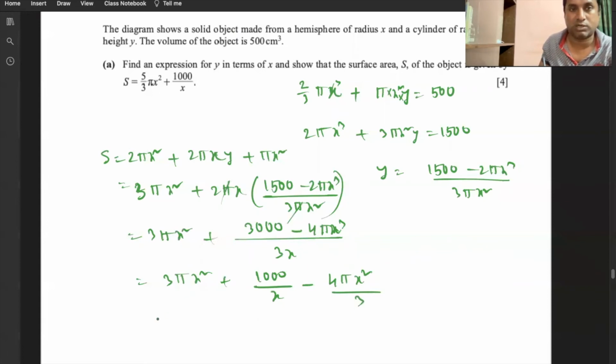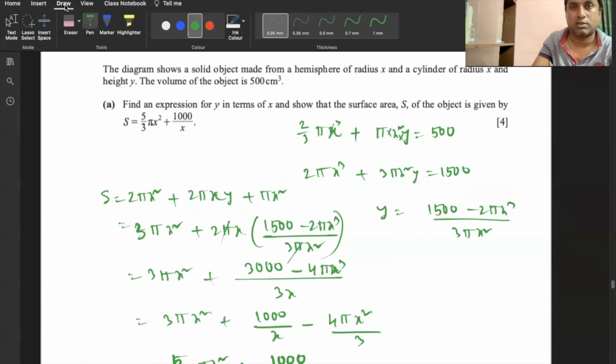Now simplify this one. This is 9, 9 minus 4, that is 5 by 3 pi x square plus 1000 by x. So this is the solution.